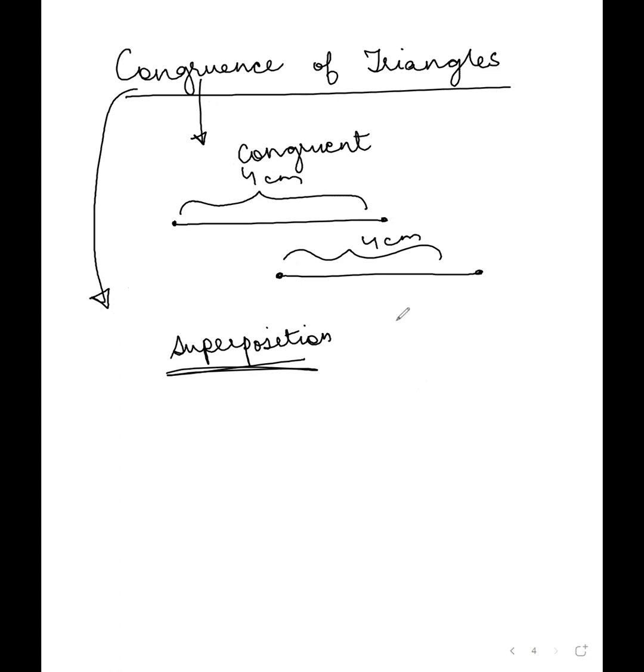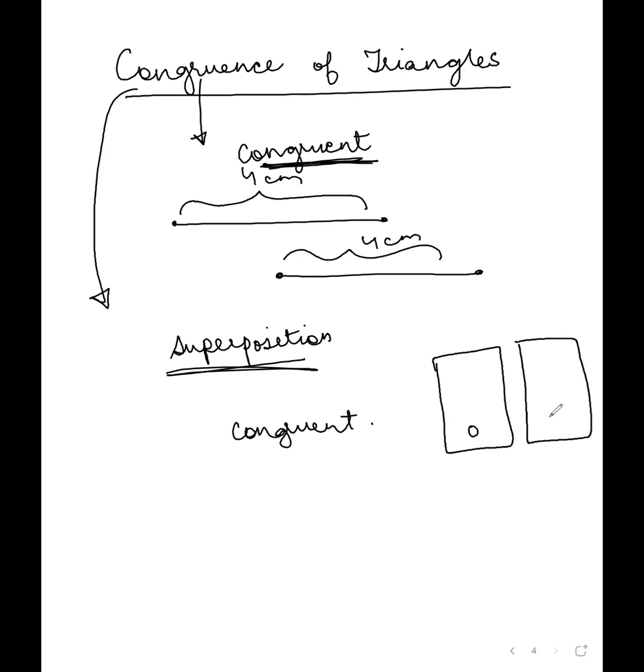You can say two line segments are equal, or you can say two line segments are congruent. Similarly, your two palms are congruent. Let's say you have two phones, same company, same model.